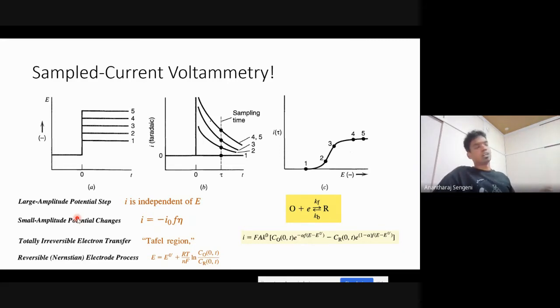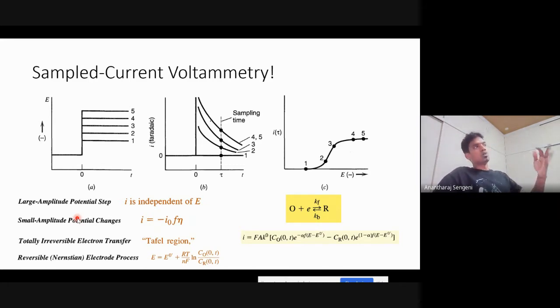For example, we all know that the reversible potential of OER is 1.23 volt, but it does not occur at this potential at all. It always goes higher than 1.48 volt or even higher than that.